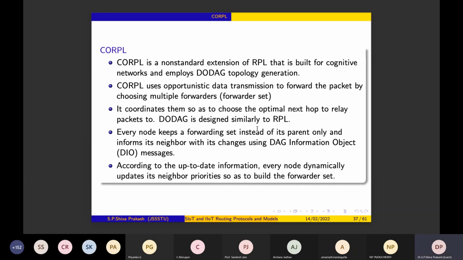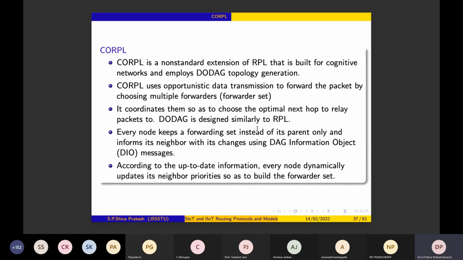It uses opportunistic data transmissions to forward the packet by choosing multiple forwarders. It coordinates them so as to choose the optimal next hop to relay the packet to the DODAG, and is designed similarly to RPL.